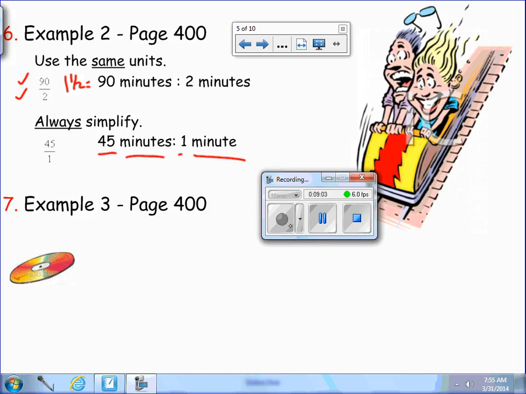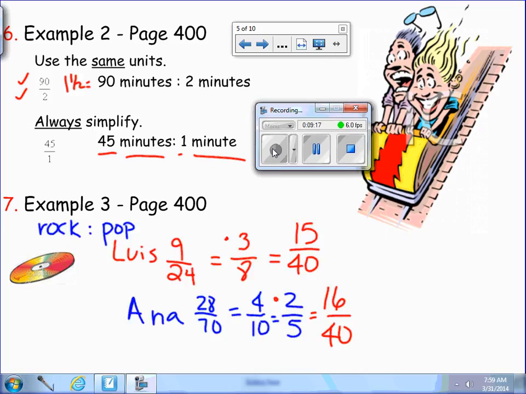In that example, according to the table, who has the greatest ratio of rock CDs to pop CDs, Lewis or Anna? Rock to pop. Now, notice that in that example in your book, they wanted to know who had the largest ratio of rock to pop CDs. So Lewis's ratio was 9:24. Anna's was 28:70. And then we simplified each of those fractions and got 3/8 and 2/5.